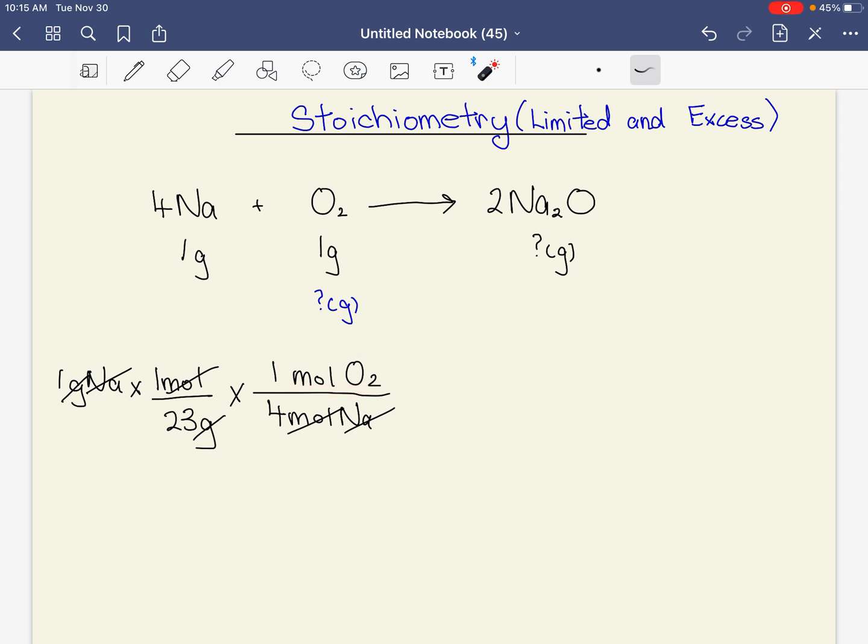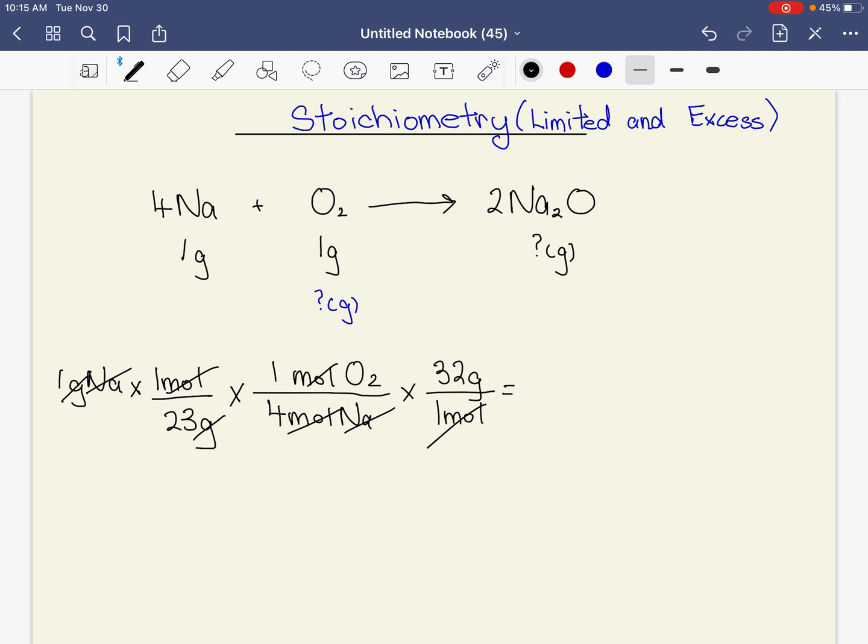Well, let's turn that into mass of O2, so I can make the comparison, because what I'm given here is mass. That's easy. For every mole is 32 grams. So moles and moles cancel, and what I have now is grams of O2. That's exactly what I want as a comparison point.